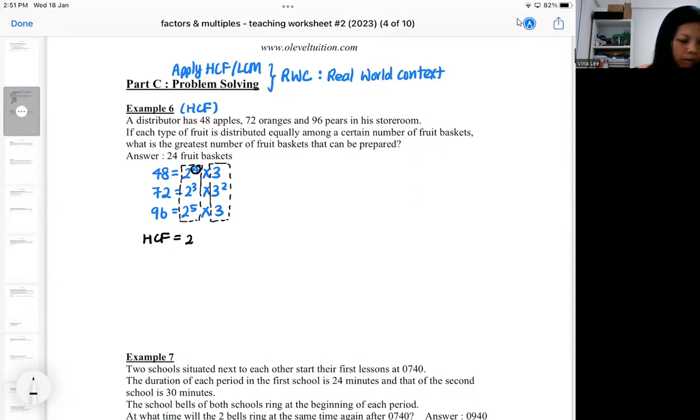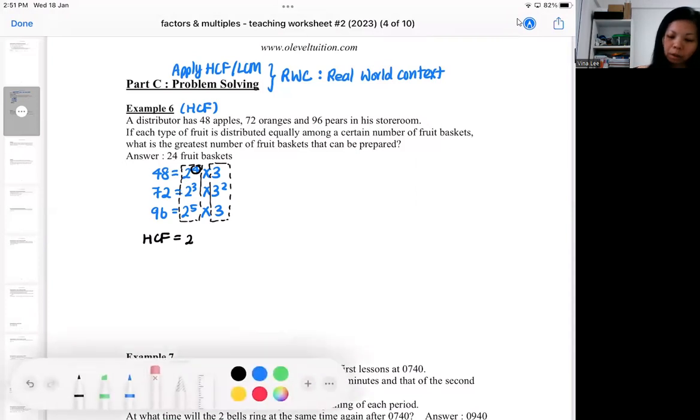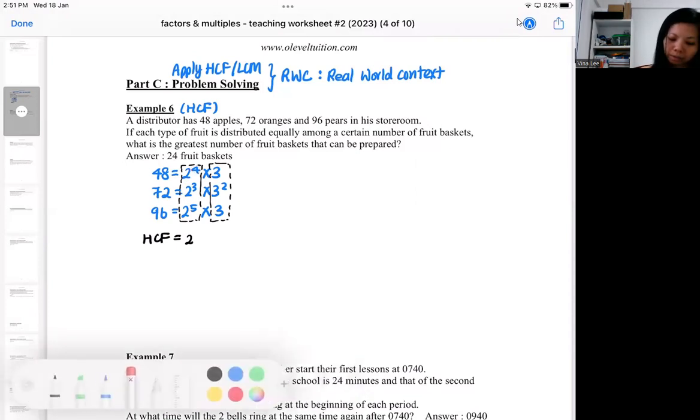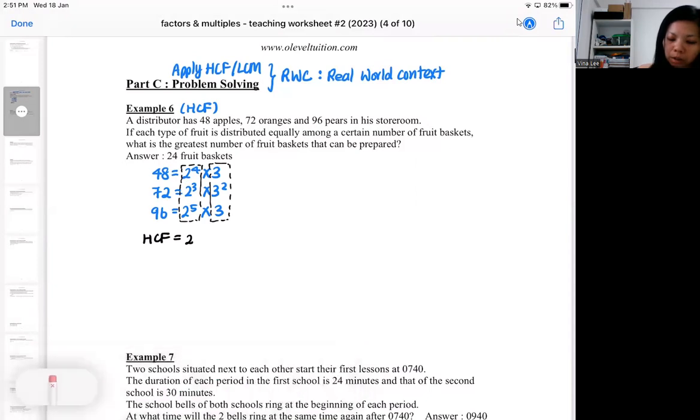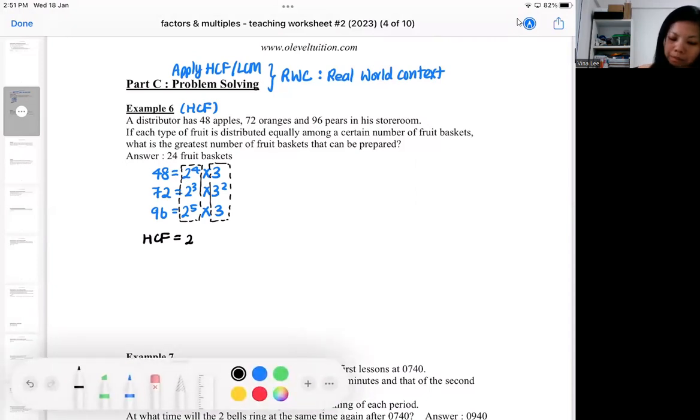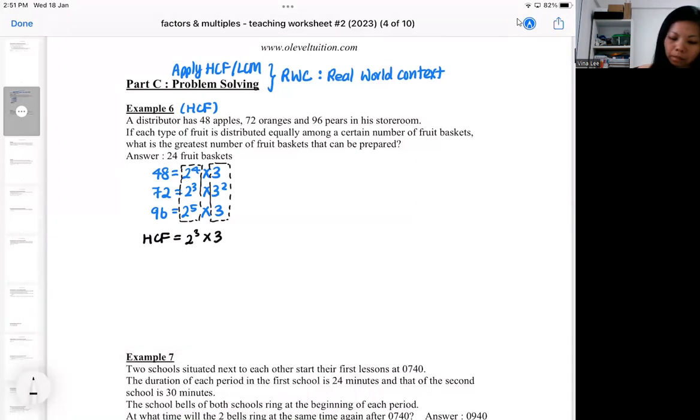Sorry, I said it wrongly. HCF, you are going to get it by the lowest power in the family. Upon doing this, you will get 24. So the HCF between the 48 apples, 72 oranges, and 96 pears will be 24.